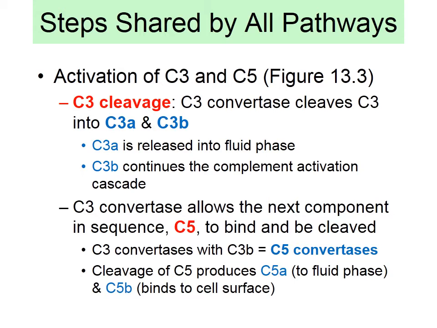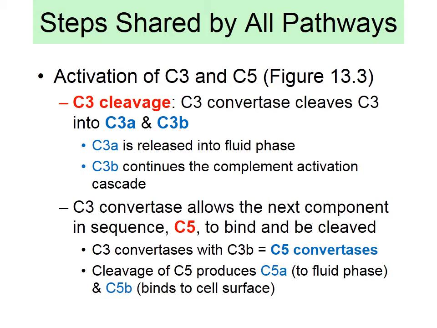Also keep in mind that C3 convertase also allows the next component in sequence, which is C5, to bind and cleave. And again, C3 convertase with C3b will lead to C5 convertase, and then C5 will break down into C5a, which is in the fluid phase, and C5b will bind to the cell surface.